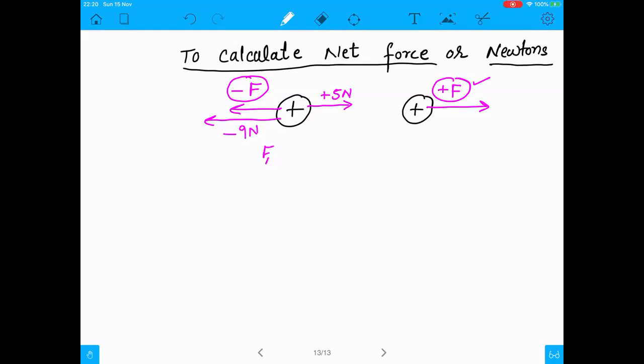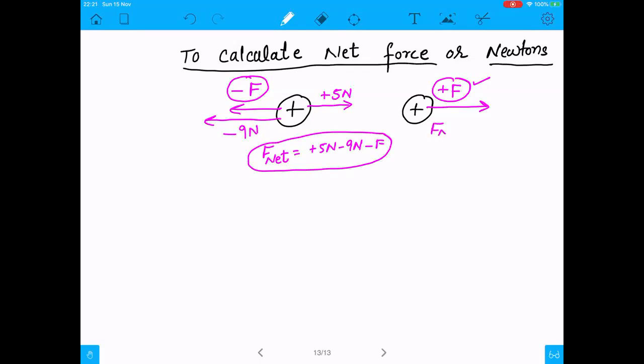So F net, if you want to calculate F net on this charge, it would be plus 5 Newton minus 9 Newton minus F. So when you are calculating F net, you take the directions.